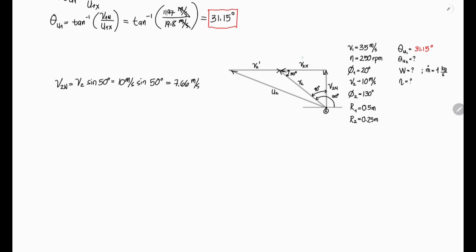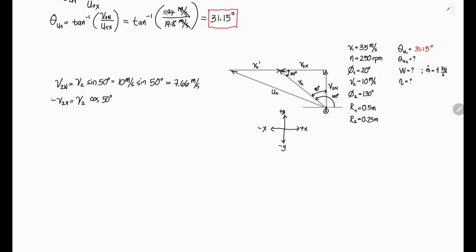We can also solve for v2x. But since v2x is directed towards the left, so ibalik ulit natin yung ating coordinate plane. So this is positive y, this is positive x, this is negative y, and then this is negative x. So since ang ating v2x is directed towards the left, this is negative sign. So that is negative v2x. So negative v2x is equal to v2 cosine of 50 degrees.